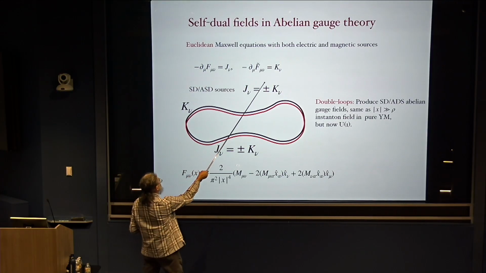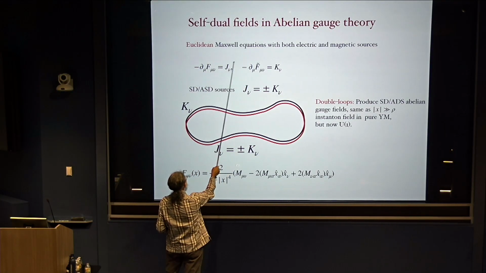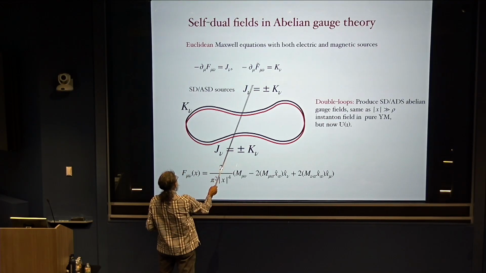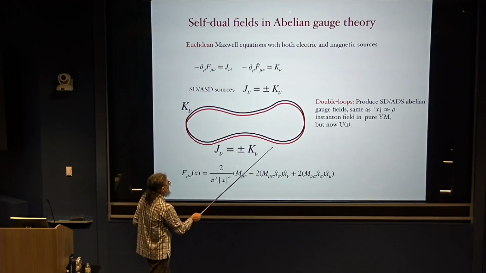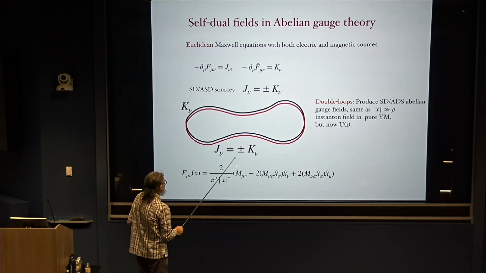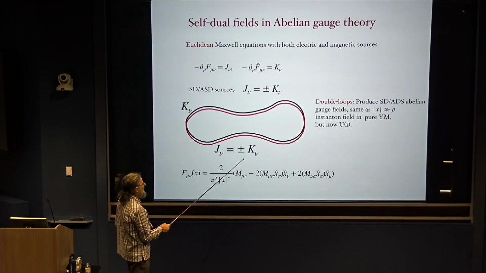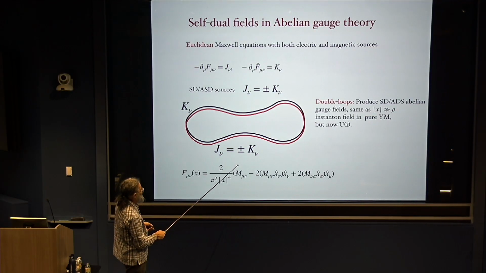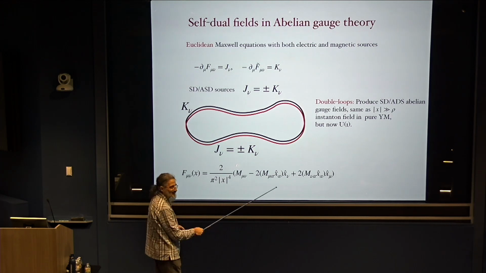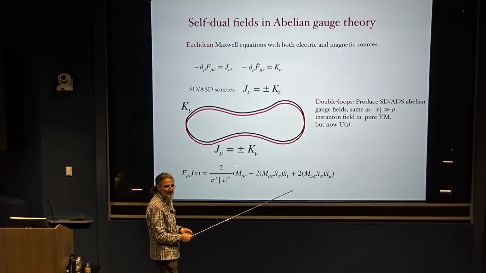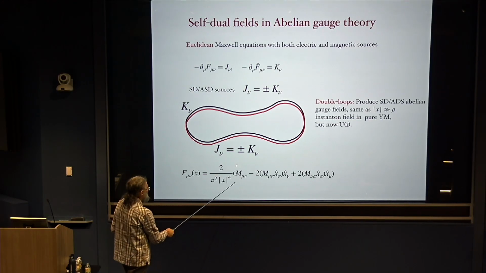Turn on some, pay attention, it's Euclidean, current K and current J. So if you take these sources correlated like this, it is like a double loop. The field is automatically self-dual or anti-self-dual. And these fields are actually nothing but the instanton field strength, okay? It's very interesting. Now we are in abelian, okay?